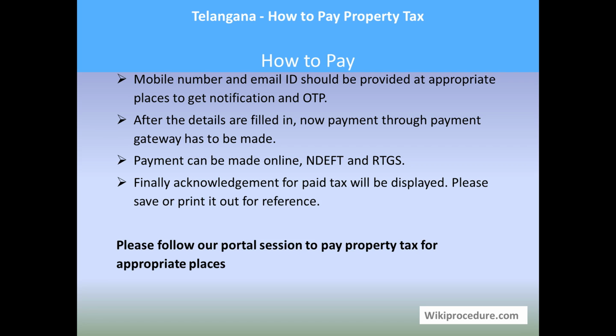Finally, after completing the online procedure for making payment, you will get an acknowledgement for the transaction you have made. Please keep it saved or printed for your future reference to show that you have paid property tax online. And this portal is useful to pay property tax throughout Telangana.